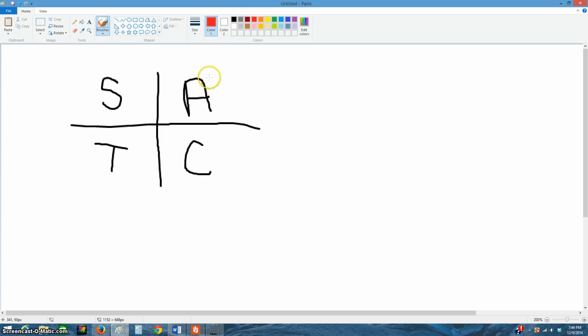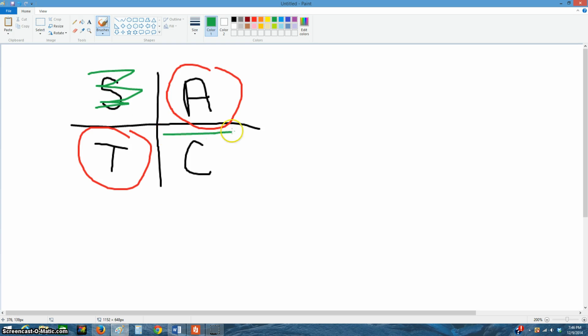Tangent is positive here where it has the letter A, because A stands for all of the trig values being positive, and it also is positive here where the T is, because of course T stands for tangent. That means that we will forget about the rest of the quadrants, the S quadrant and the C quadrant.